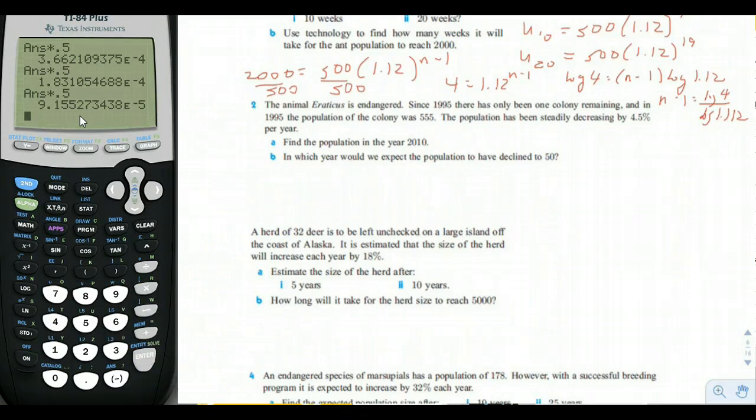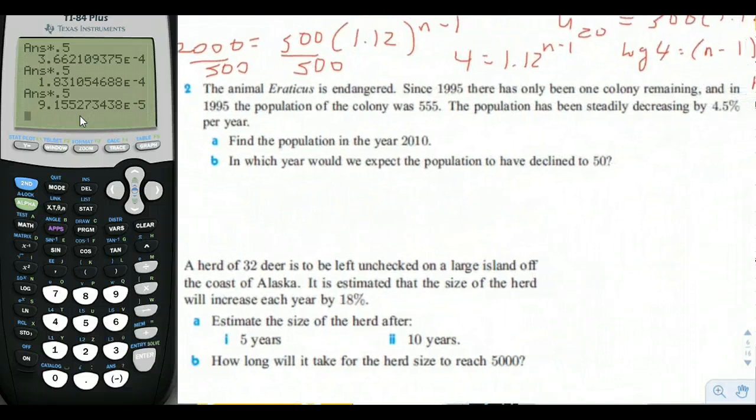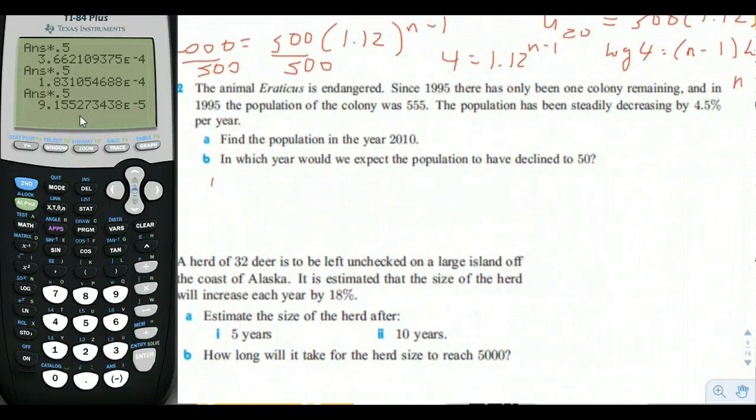Okay, so here it says u1 is, we don't know the population in 1995.